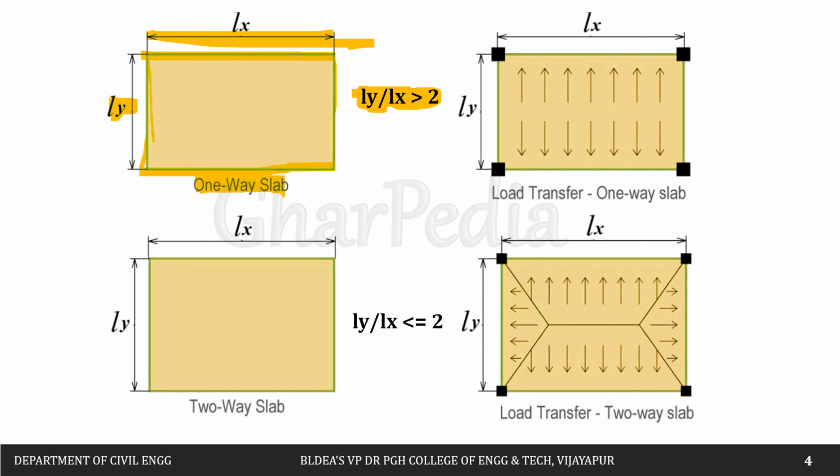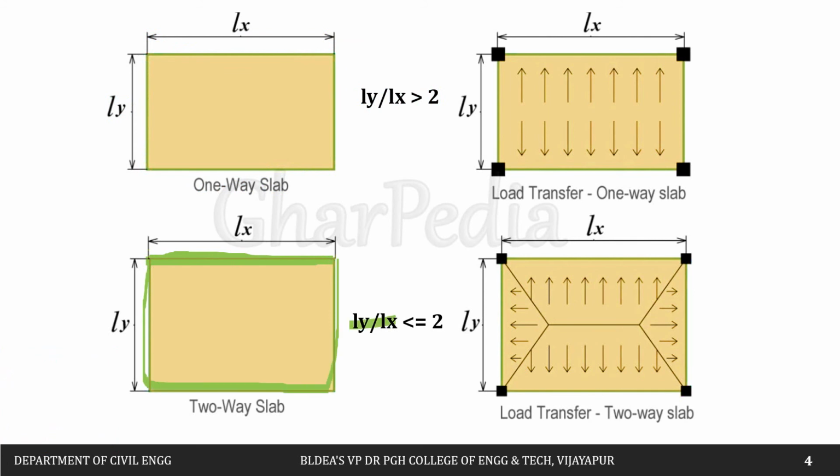If the Ly by Lx ratio is less than or equal to 2, then we call it a two-way slab.